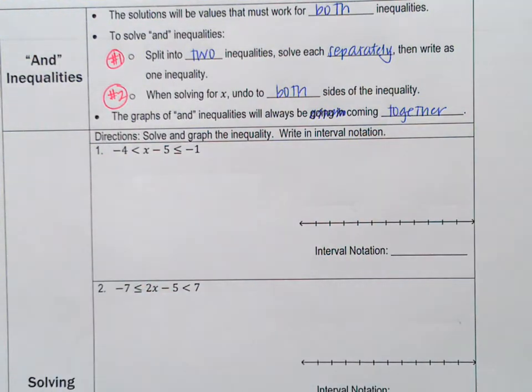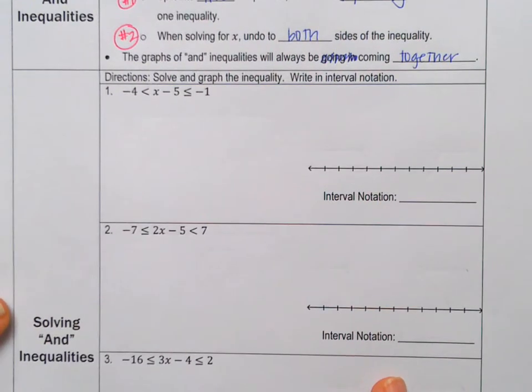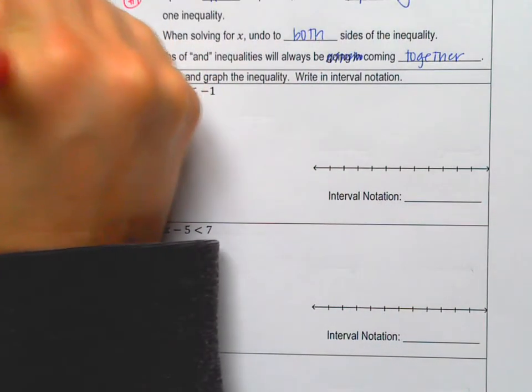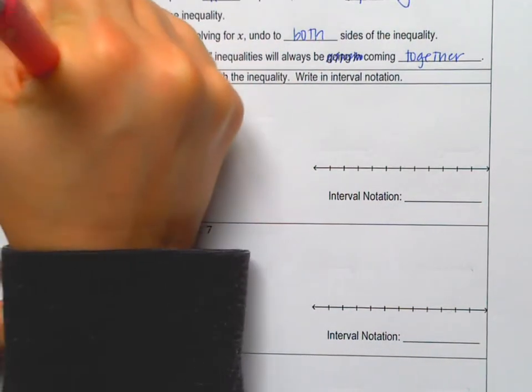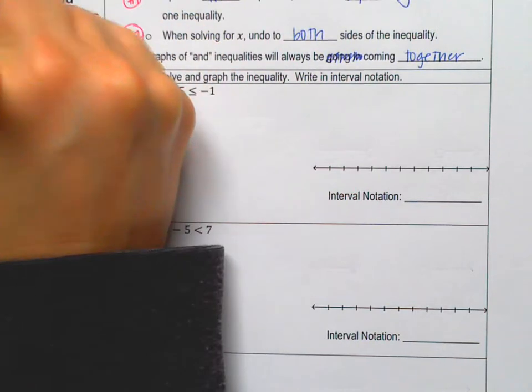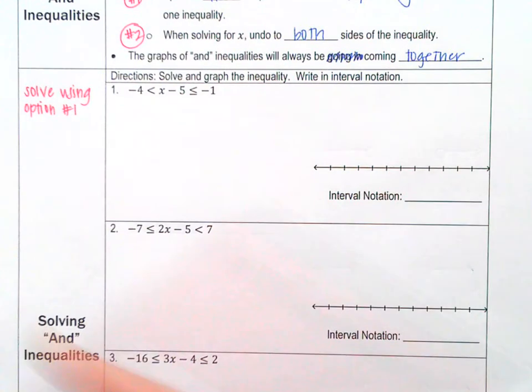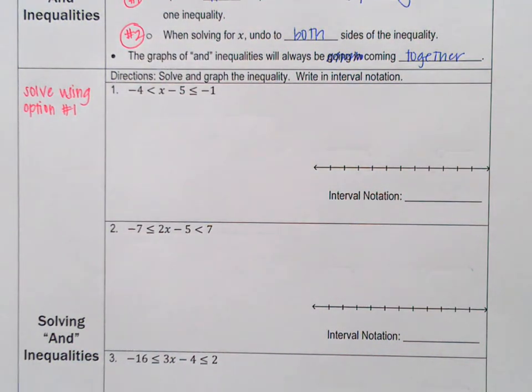I'm going to show you option number 1 first, and then I'll show you option number 2, and then I'll tell you which one I prefer. So this is what we're going to do for the first one. We're going to solve using option number 1. How I do that is I look at them as 2 separate inequalities.